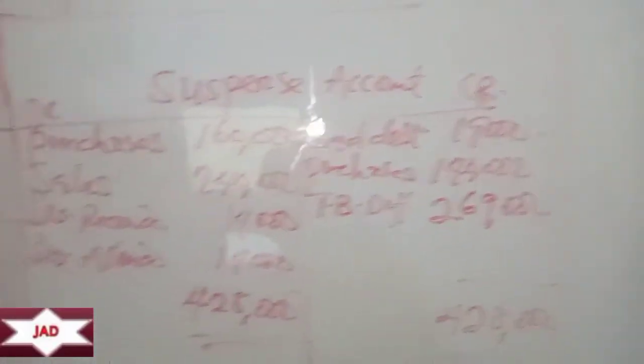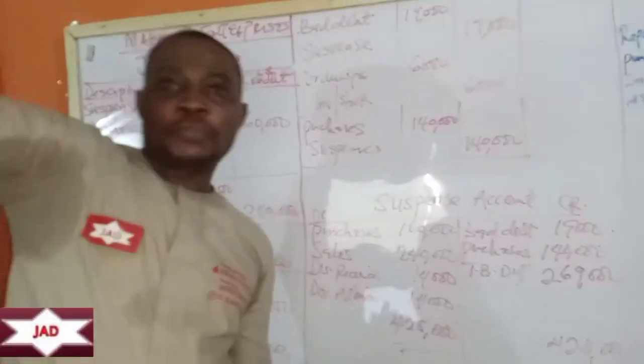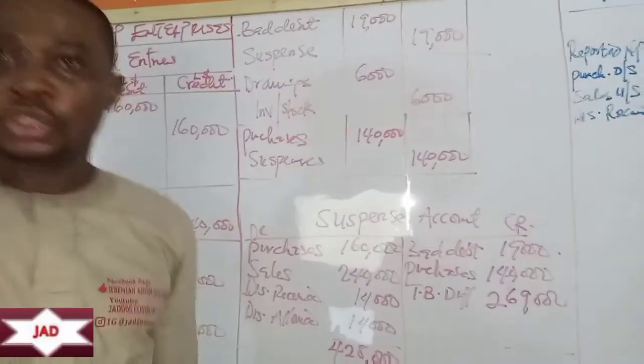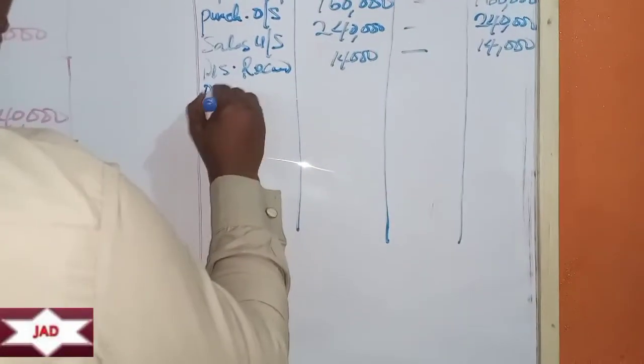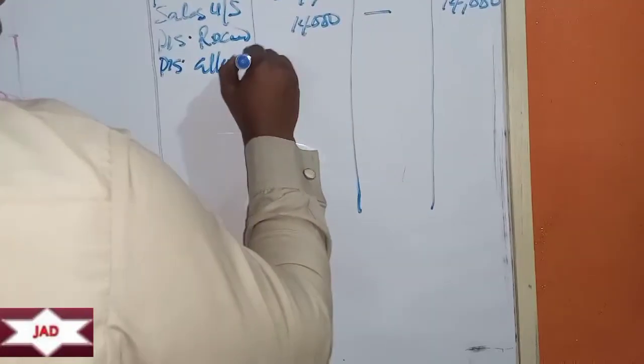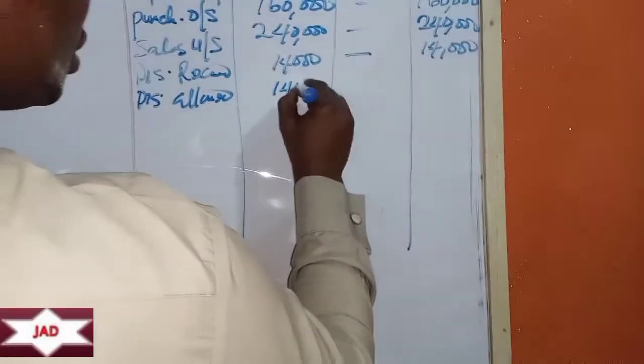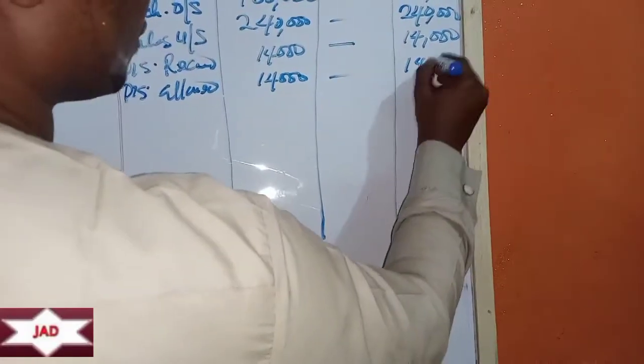So if it is taken to discount allowed, it means you have overstated the costs. So if you overstate costs, what will you do? You will understate what? Profit. So how do you correct that? There has to be an addition. Okay? So we have discount allowed. Of how much? 14,000. So we have 14,000.